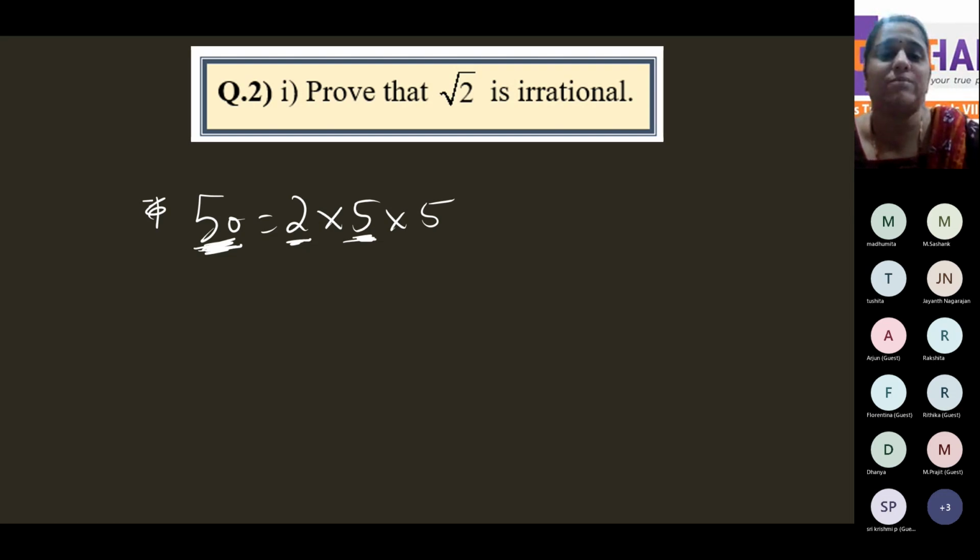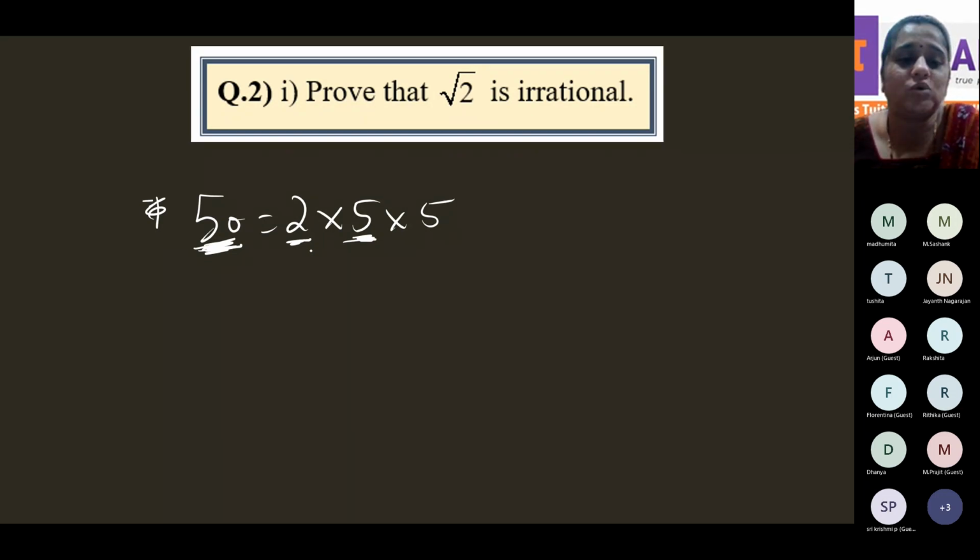When you use the word divisible, you say the bigger number first: 50 is divisible by 2, 50 is divisible by 5. The other way, 5 divides 50, 2 divides 50.